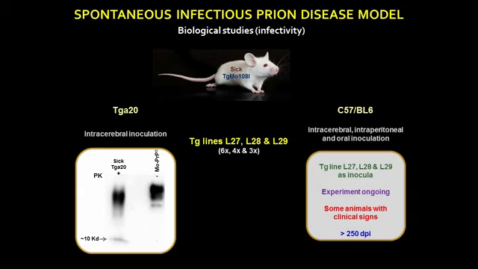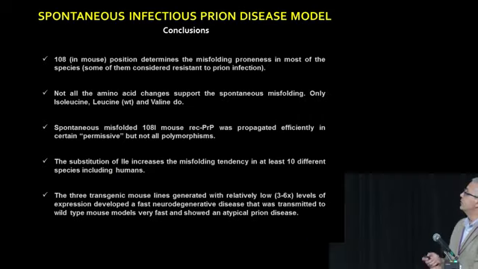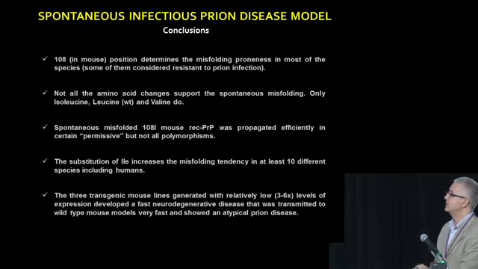This indicates that, as with the transgenic voles overexpressing vole PrP, these animals expressing the same protein in the mouse species show the same characteristics. So the conclusion of this study is that position 108 determines the misfolding propensity in most species, some of them even considered resistant to prion infection.